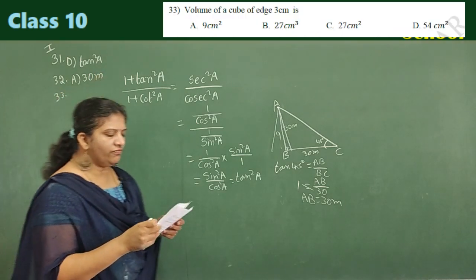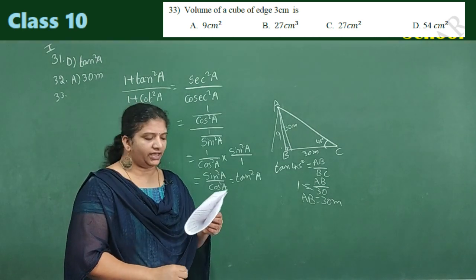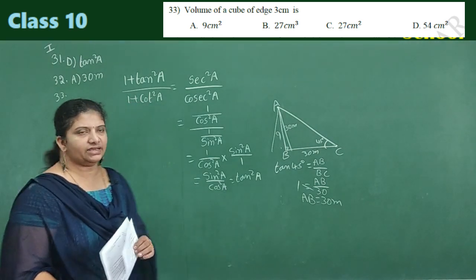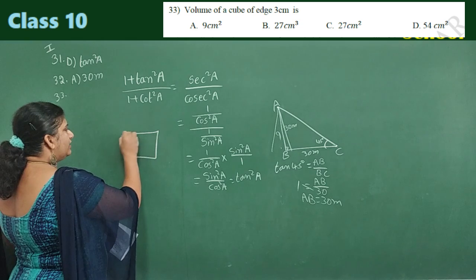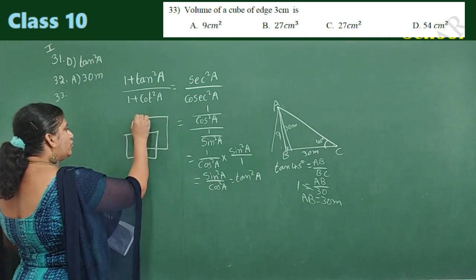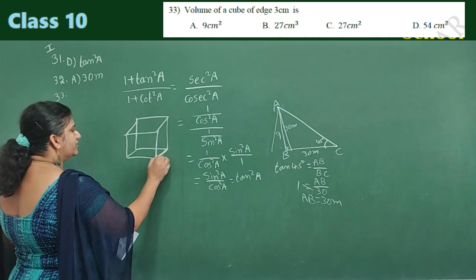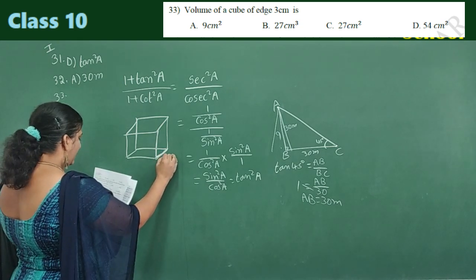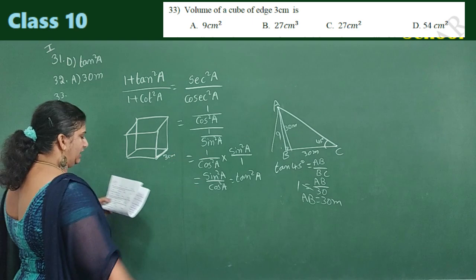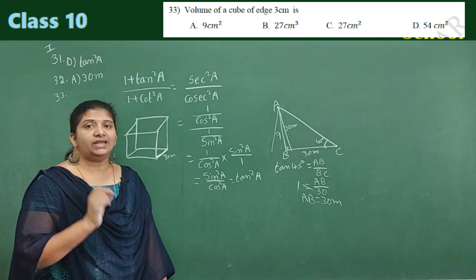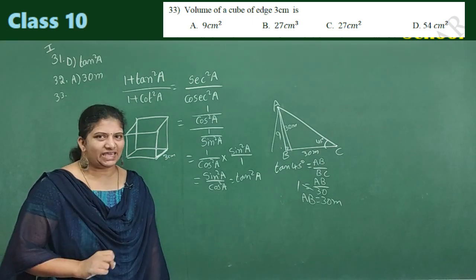33rd one. Volume of a cube of edge 3 centimeter is. Let us imagine a cube. Okay, this is a cube. Edge. What is the edge length? 3 centimeter. In a cube, all sides are equal.